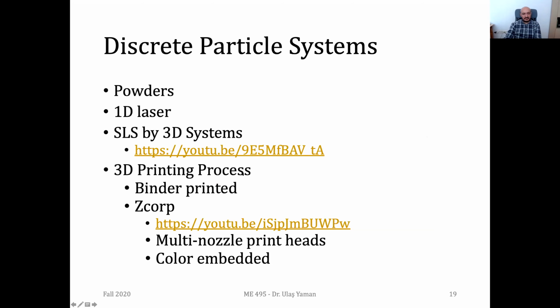And the 3D printing process is different from the previous one. Again, we are using a powder bed, but this time we are not using a laser. Instead, we are jetting binder particles. So we can say that it's a multi-channel version of using discrete particles.